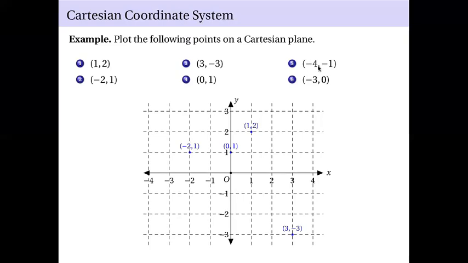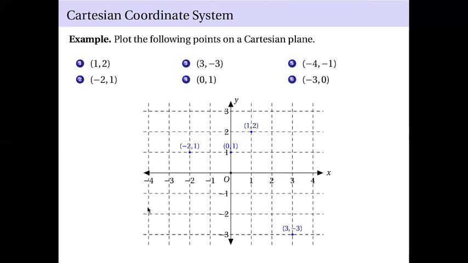And then negative 4 comma negative 1. So you have negative 4 on the x. It's somewhere here. Okay? And then negative 1 on the y. It's somewhere here. So you have this horizontal line and then this vertical line.